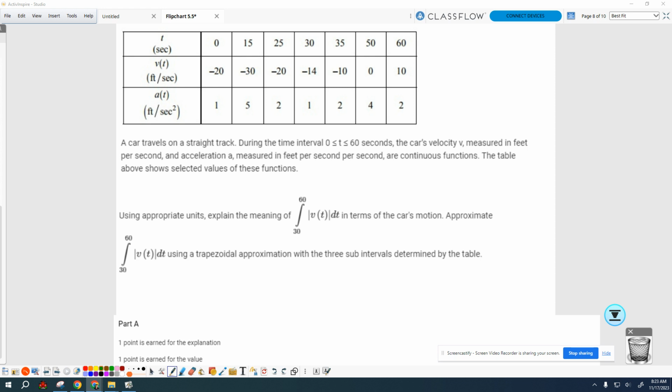So the meaning of this is the total distance traveled, noun, total distance traveled over in what units? Feet. Total number of feet traveled over what time unit? 30 to 60 minutes. And they want all of those details.